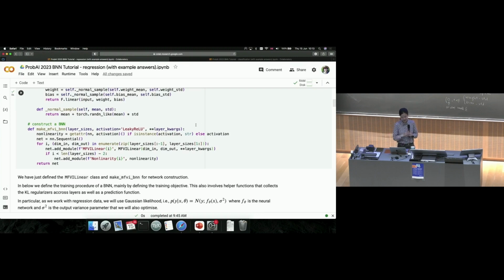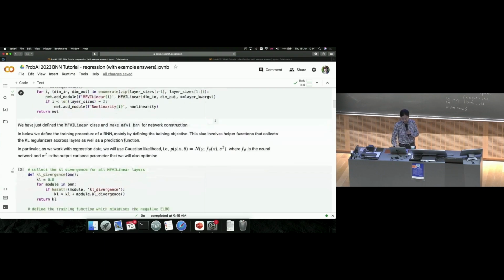Especially, one of the students asked me whether you need to use this Bayesian treatment for all of the layers. You can say, I just want part of the neural network to be treated in a Bayesian way. Then you can still mix in the usual nn.Linear and this new layer. So it shouldn't be that difficult. We will talk about it a bit more.